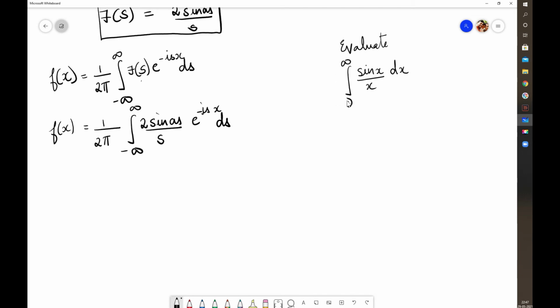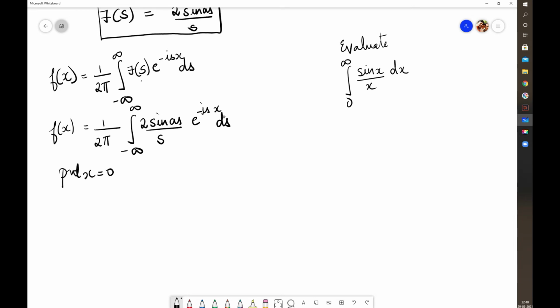It is minus infinity to infinity, whereas this is 0 to infinity. I have sin x by x, something in terms of sine. Then I have e to the power minus isx, whereas here I don't have it. So what should I do? I should make this e to the power term vanish. To make this vanish, I put x equal to 0.